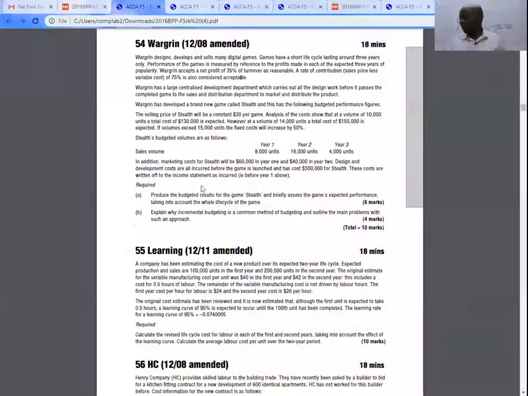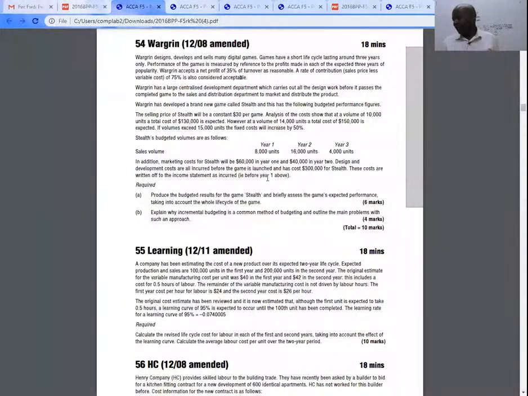So you see here they have given us the budgeted volumes as follows. In addition, we have marketing costs for Stealth of 60,000 in year 1 and 40,000 in year 2. Design and development costs are all incurred before the game is launched and cost 300,000 for Stealth.